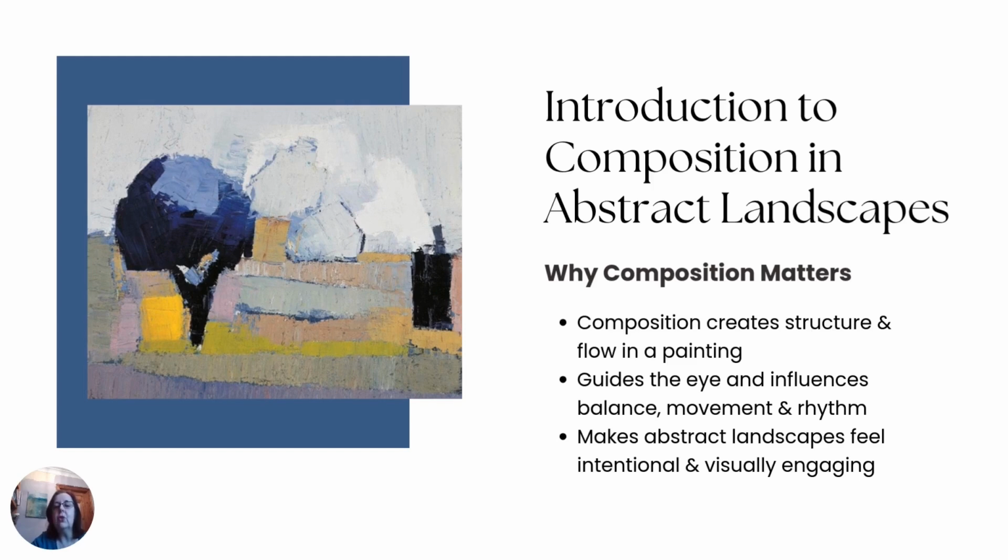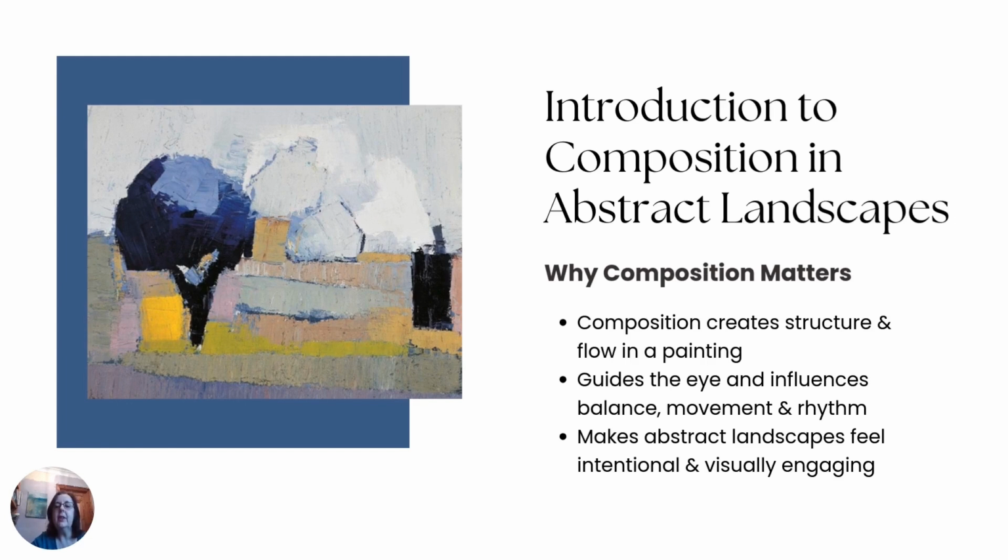Balance is created through strong horizontal divisions, which mirror the natural separations of land, sky, and fields. Despite the abstraction, these forms feel grounded and intentional, providing a sense of order. Movement comes from the layering of colour and brushstrokes, guiding the eye across the painting, from the foreground to the distant sky.